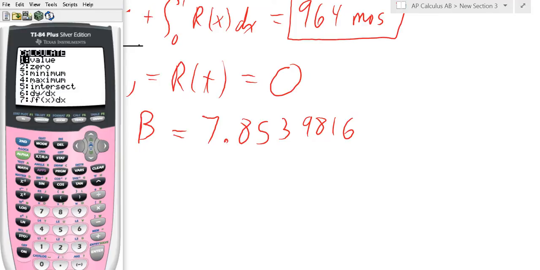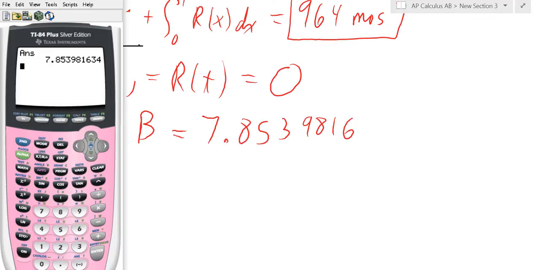So we hit second, calc. Oh, wait, sorry. Before you do that, you know how we just found that x-intercept, 7 point whatever? Your calculator stores that as the answer right now. So if you quit out of here and go home and hit second answer, it has that number saved. So you don't have to type this in over and over again. All we're going to do is store it as a letter.